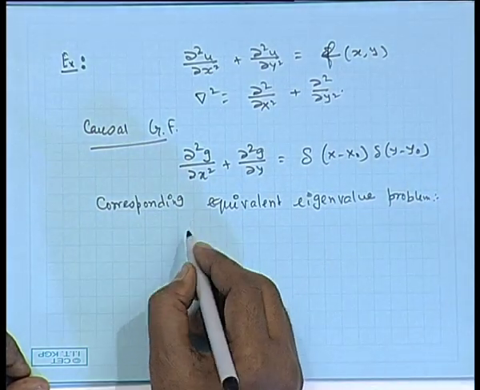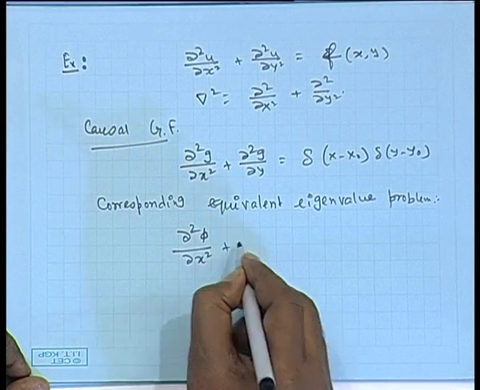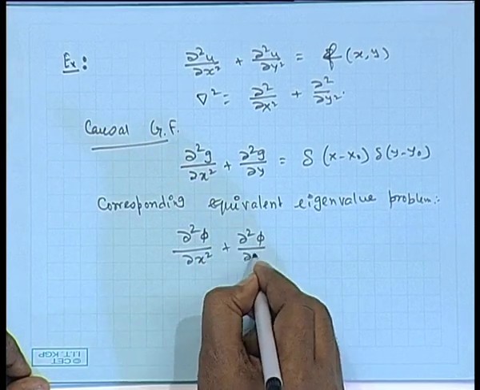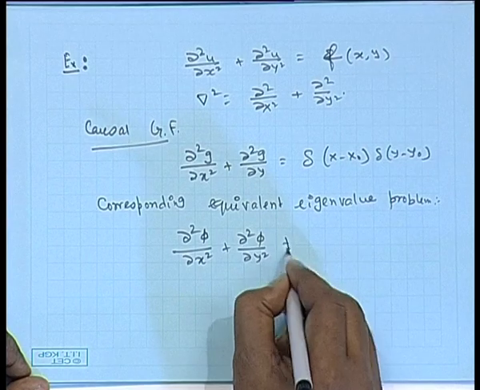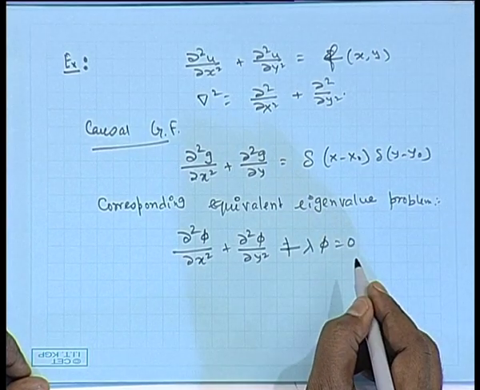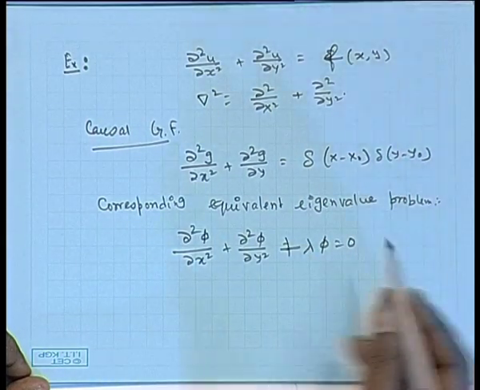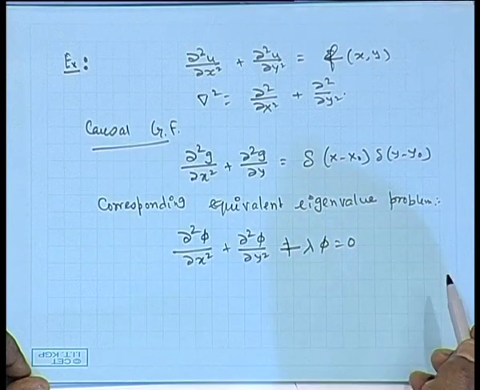The corresponding eigenvalue problem will be del square phi del x square plus del square phi del y square plus lambda phi is equal to 0. Okay. That is grad square phi plus lambda phi equal to 0. The grad square is del square del x square plus del square del y square.